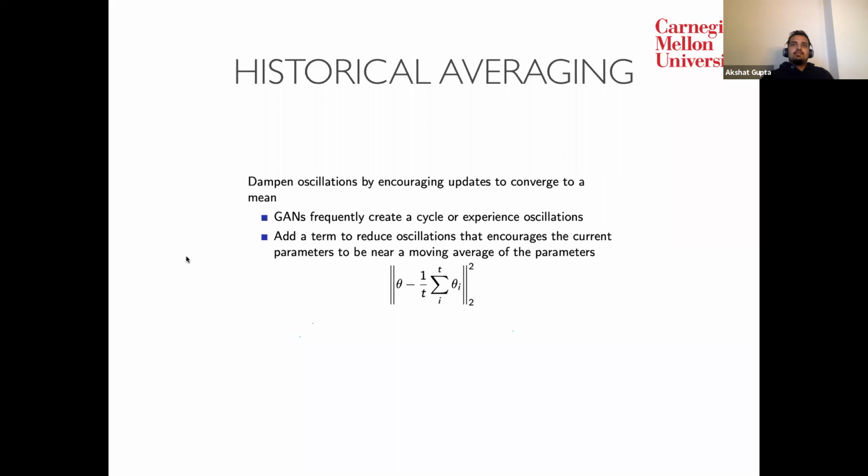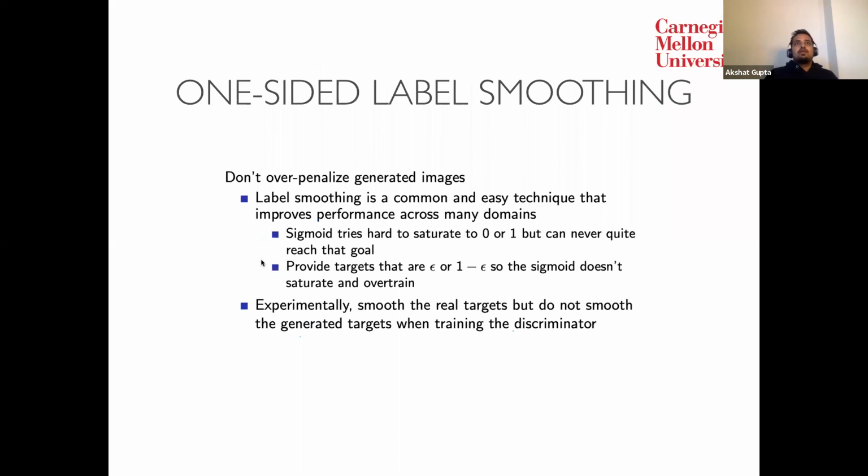It's a regularization term so that the parameters don't oscillate, and we want the updated parameters to be near the moving average of the parameters that we have in GANs. One-sided label smoothing is another. It's a very common thing. Actually, it's not specific to GANs.